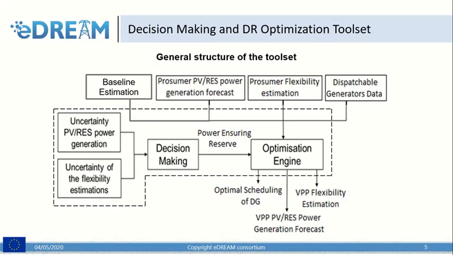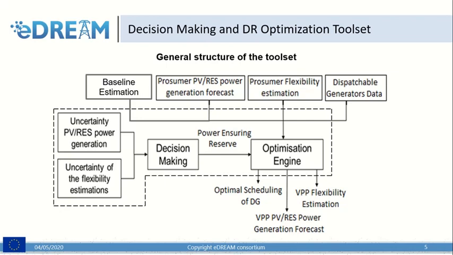The tool uses the output from other components of the eDREAM platform. These components are prosumers consumption and production forecast, prosumers flexibility forecast, prosumers baseline estimations, and historical data related to the prosumers from the database, as well as dispatchable generator data, which is also from the database.